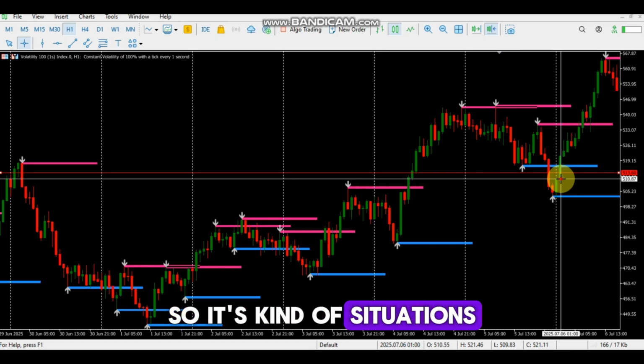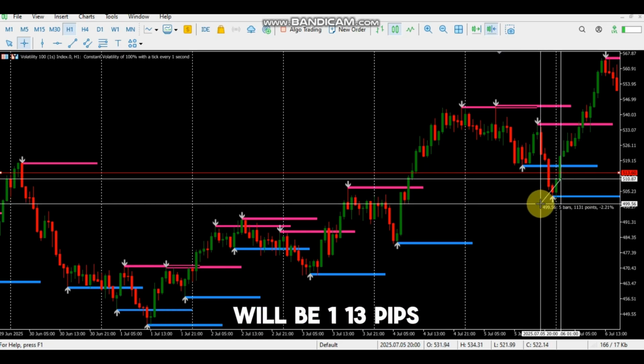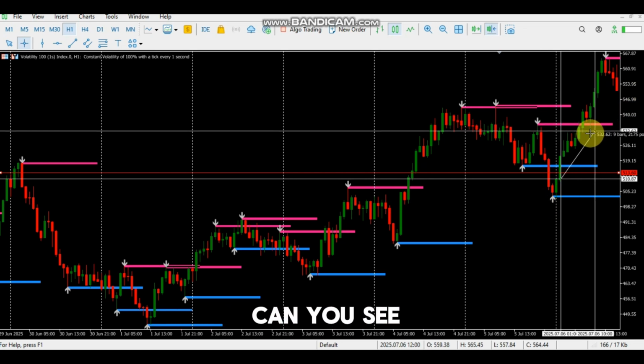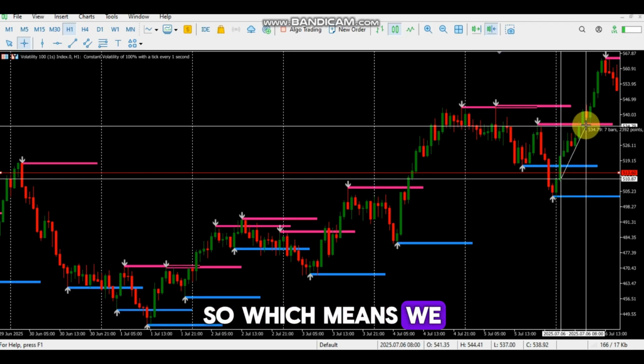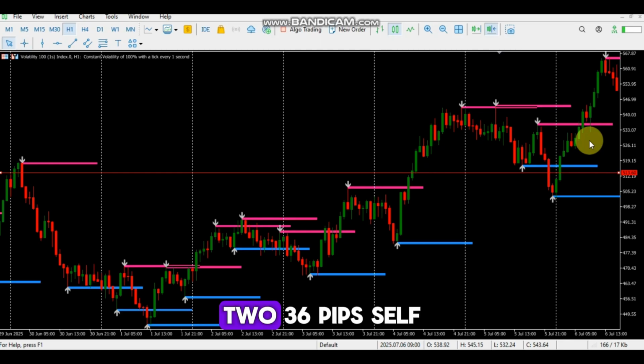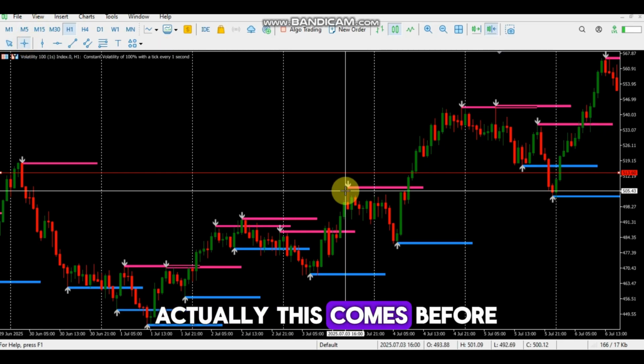Let me show it to you, and the FVG, and we have a reverse candle here. In this kind of situation our stop loss will be 113 pips, or 130 pips, so that will be 226 pips, or we target the next reverse, the next sell signal, we have 236 pips. So which means we are targeting here, we'll take our profit here.